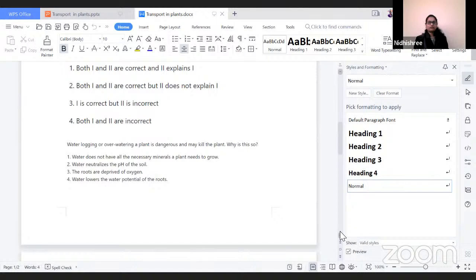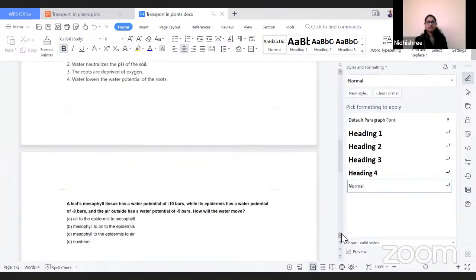The water logging question, the right option is option C. The roots are deprived of oxygen. And the fifth question, option A is the right answer. So those who answered C for the fourth question, that is right.